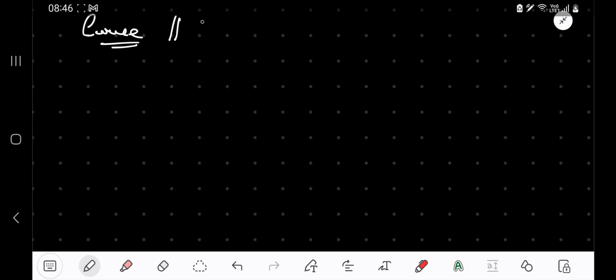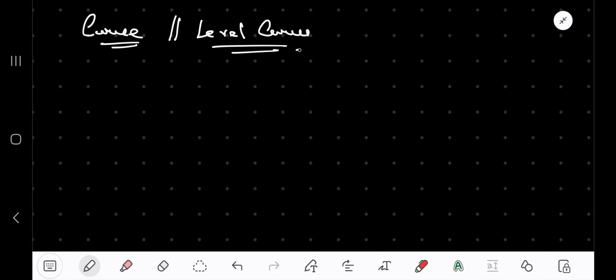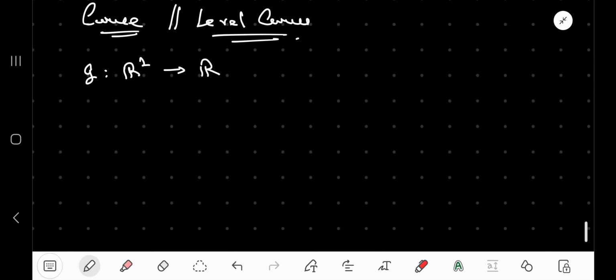or more technically a level curve. So suppose I have a function g from R2 to R. What are the level curves?